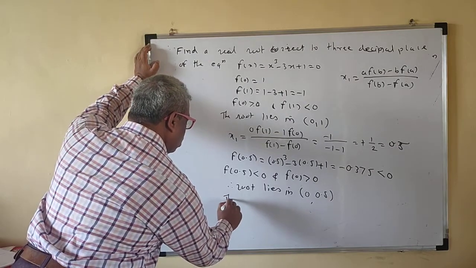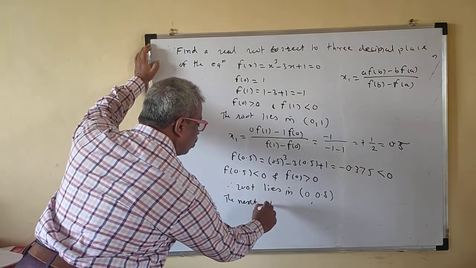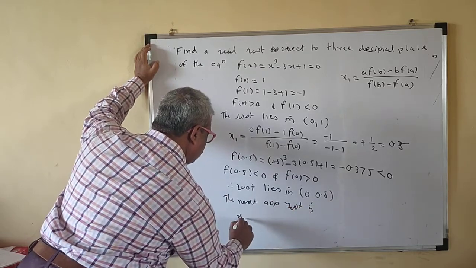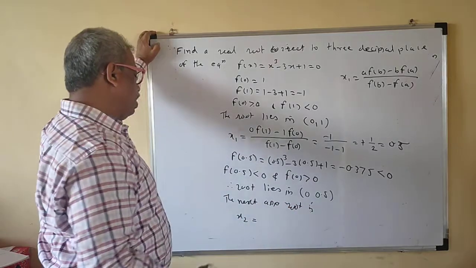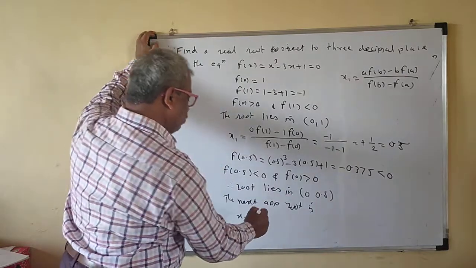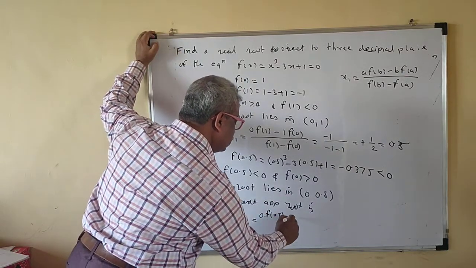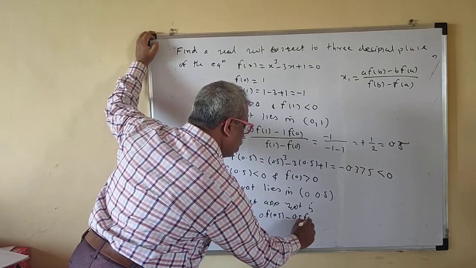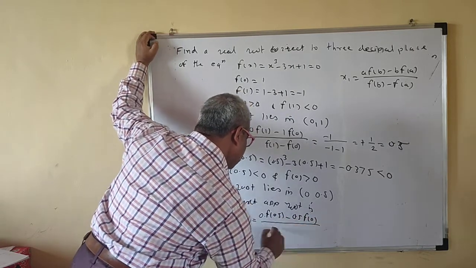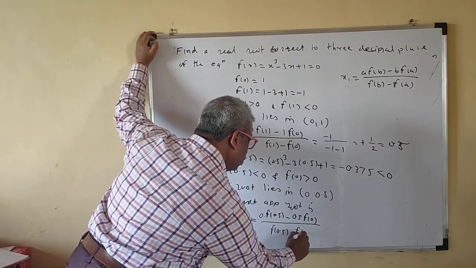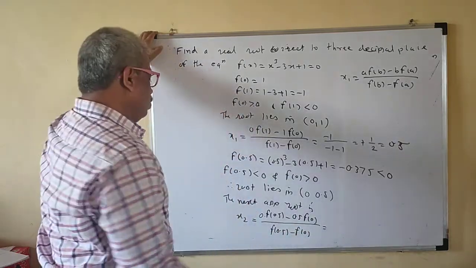The next approximate root is x2. So now your a is 0 and b is 0.5: 0 into f of 0.5 minus 0.5 into f of 0 upon f of 0.5 minus f of 0. So this number is 0.